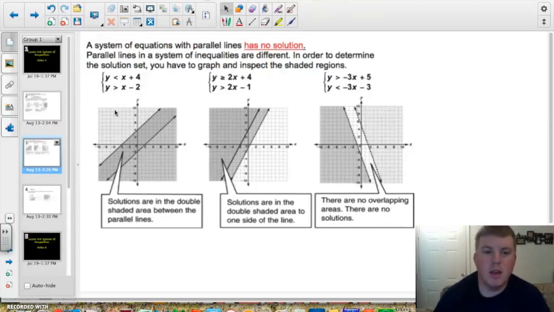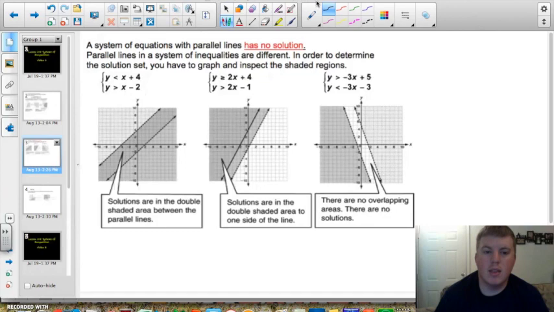So for example, in the first graphic, we have y is less than x plus 4 and y is greater than x minus 2. These are parallel lines, but as you can see with y is less than x plus 4, that top line, we had a less than symbol, so we were shading below.